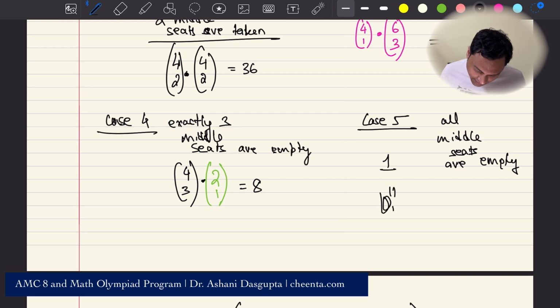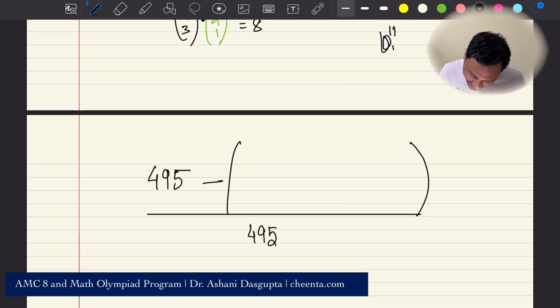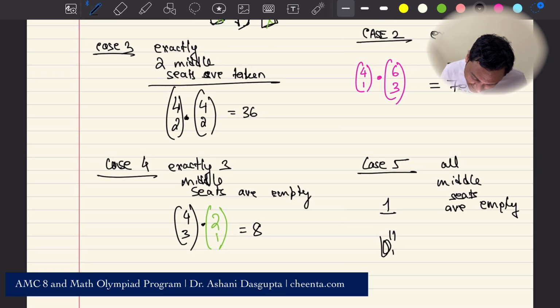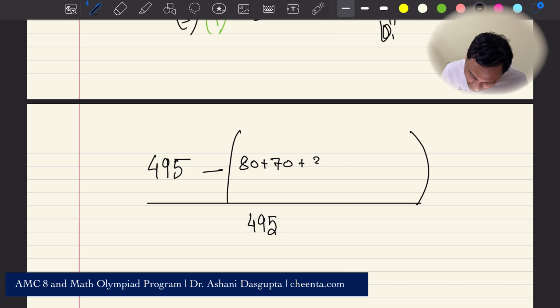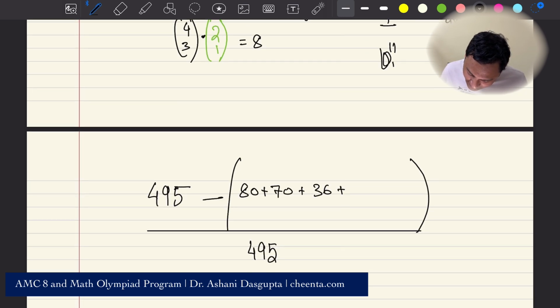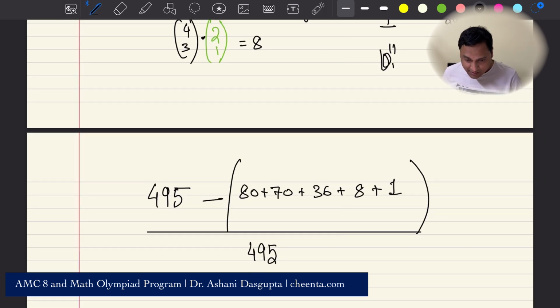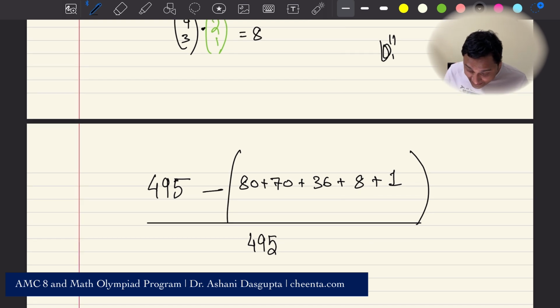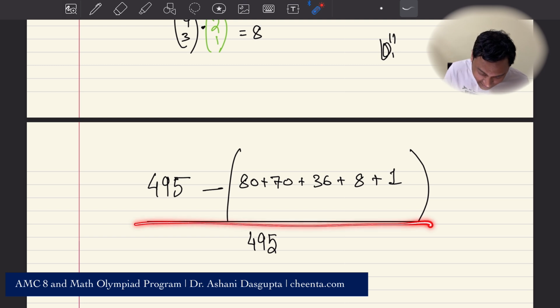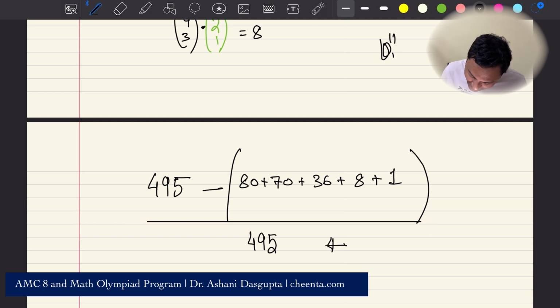So you have 80 plus 70 plus 36 plus 8 plus 1. If you do that and subtract it, and then divide by the total number of cases, this is the total cases.